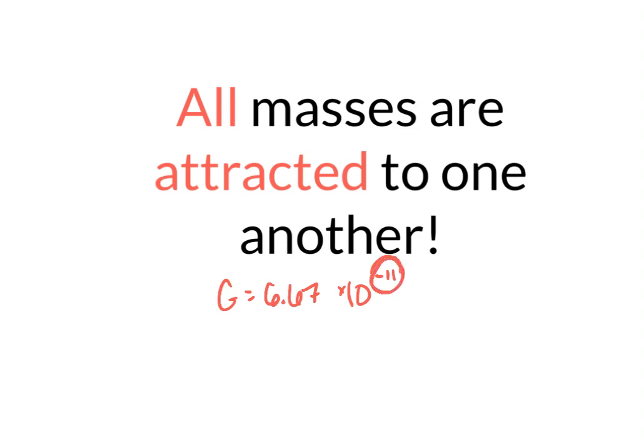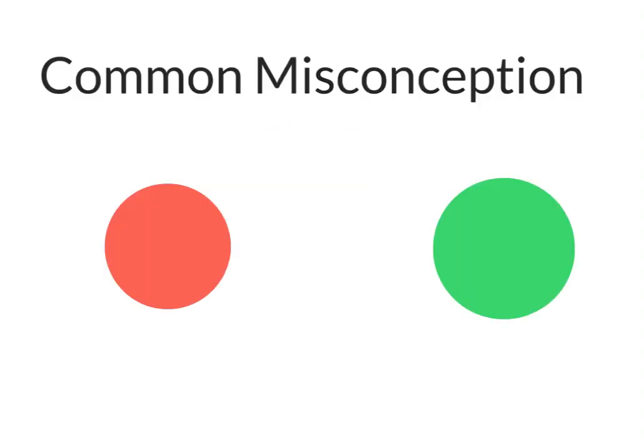That is a very small number. And so you have to have a lot of mass in order to have a significant gravitational attraction, which is why you feel an attraction to the Earth, but you don't feel an attraction to the person sitting next to you.